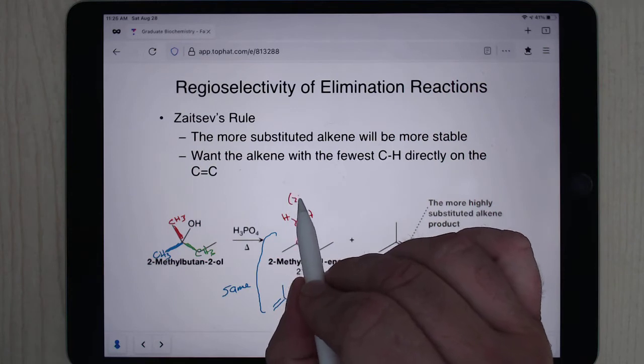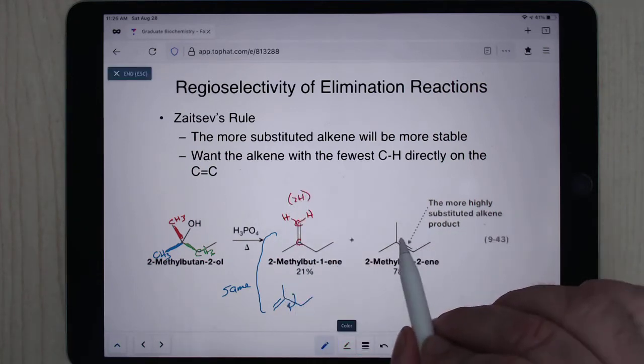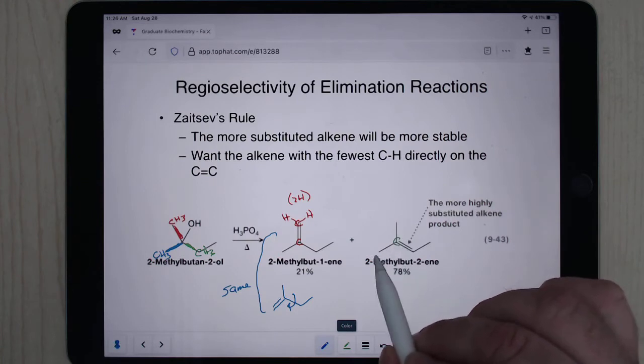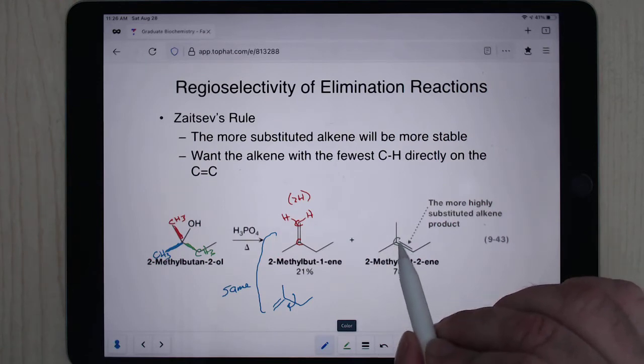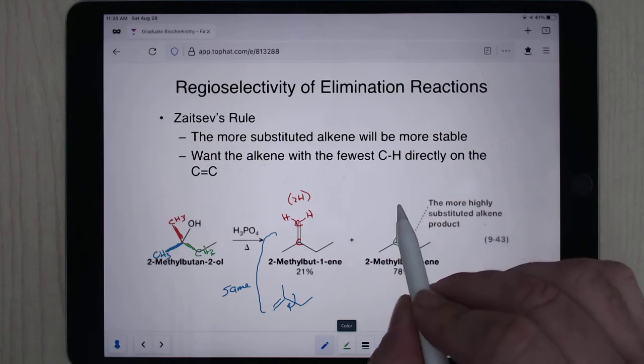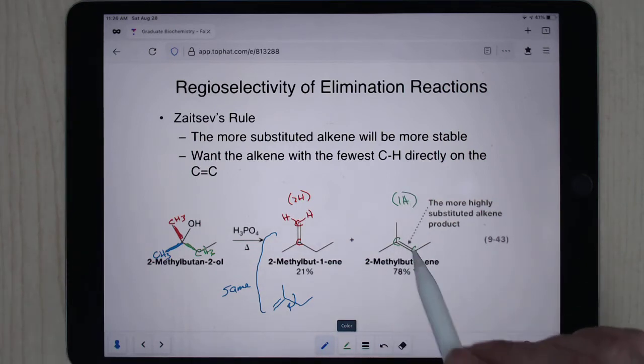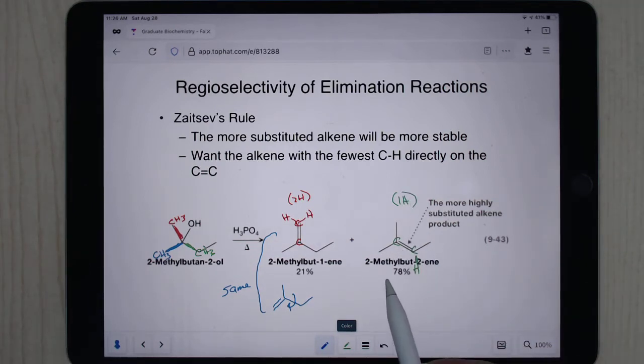So here you've got 2 hydrogens on it. On the green one here, no hydrogens, it's just 2 carbons. Here we've got 1 hydrogen, so this is more substituted. This has fewer hydrogens on it. So this is going to be the major product.